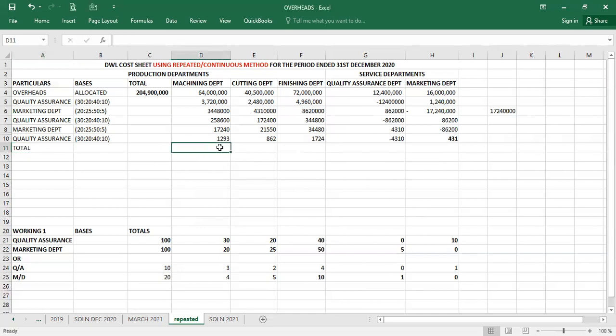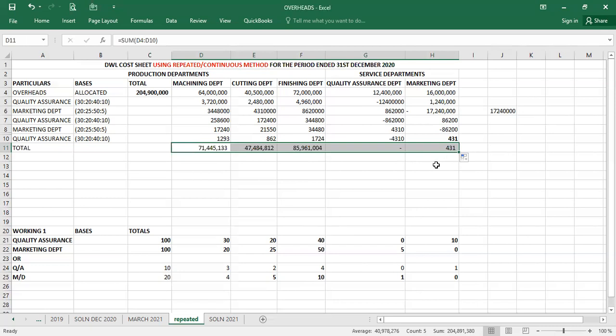So these costs, it will be equal sign sum from here up to here. Let's enter. You can also add the whole of that until there.